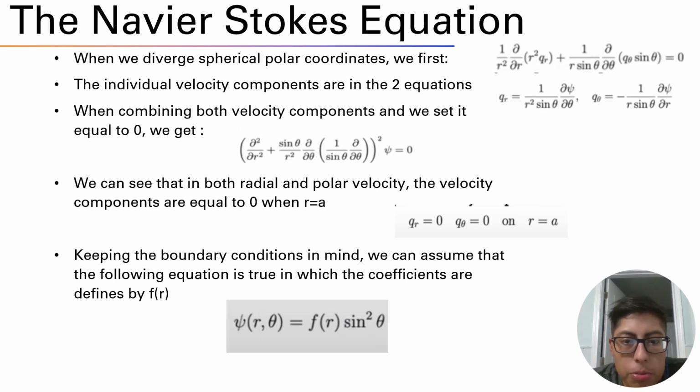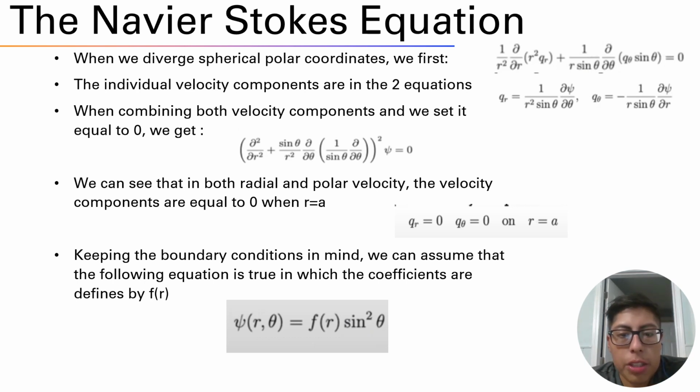We can see that in both radial and polar velocity, the velocity components are equal to 0. So when r is equal to a, Q sub r is equal to 0, Q sub theta is equal to 0.